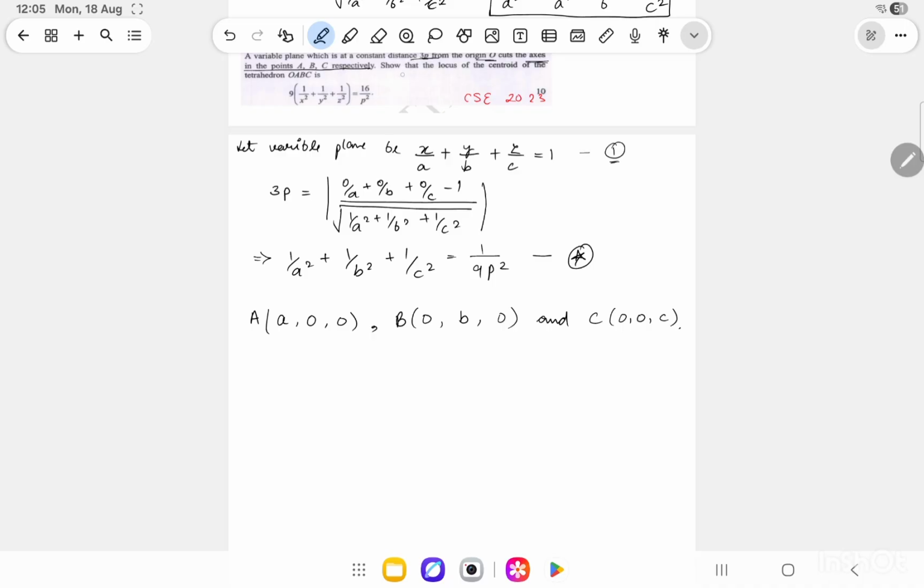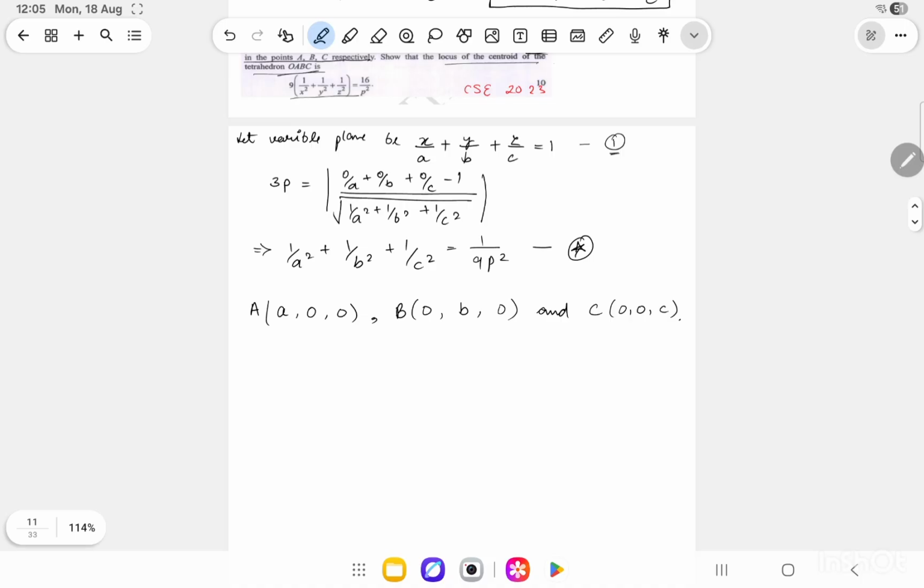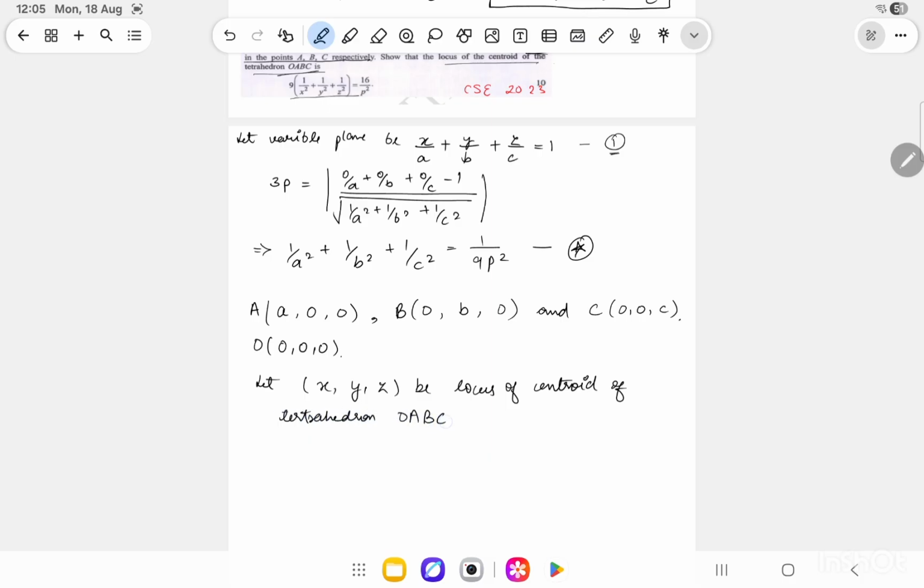In the question it further says that we are supposed to show the locus of the centroid of tetrahedron OABC, where O is my origin. So let (x, y, z) be the locus of the centroid of tetrahedron OABC.